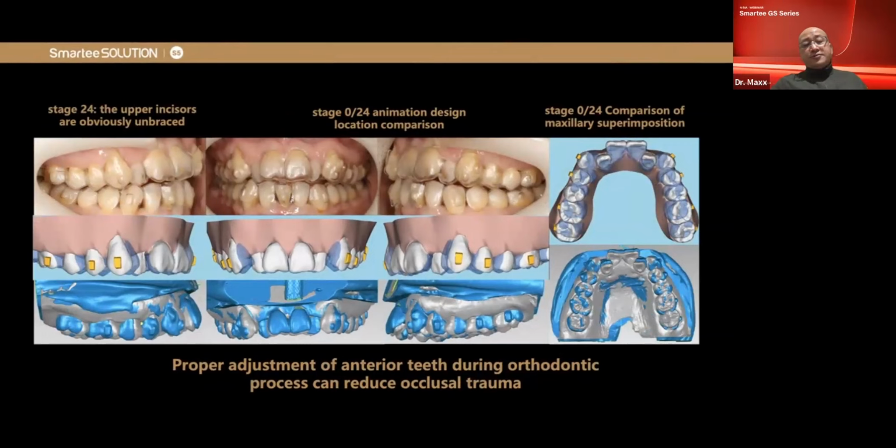This is the first stage of the animation, stage 0 to stage 24. In this animation, we proclined the upper front teeth, and we did not put any attachment on the surface. So when we proclined the upper front teeth, they had a relative intrusion effect, and the aligners did not fit so well.